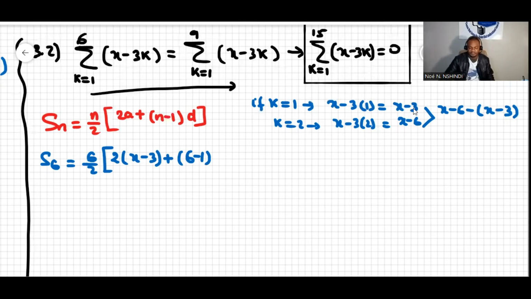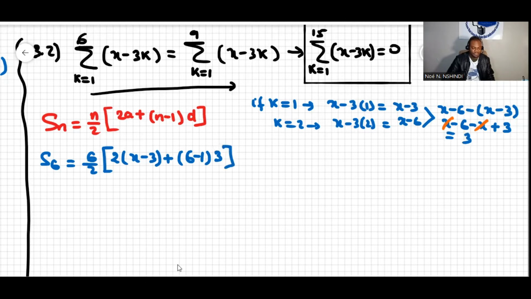Now this will make x minus 6 minus x plus 3. So x and x fall away, and then we are left with negative 6 plus 3, which is just equal to 3.